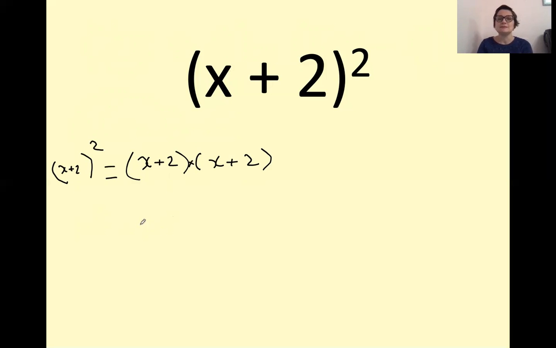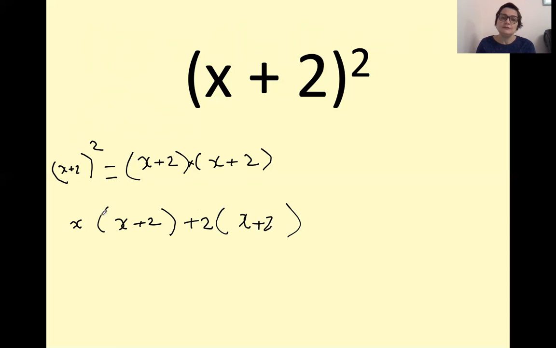Right, just like that. And so we apply exactly the same strategy that I just taught you. We multiply the first term by the whole second bracket. So we have x that multiplies x plus 2, close the bracket, plus 2 that multiplies the whole second bracket, so x plus 2.